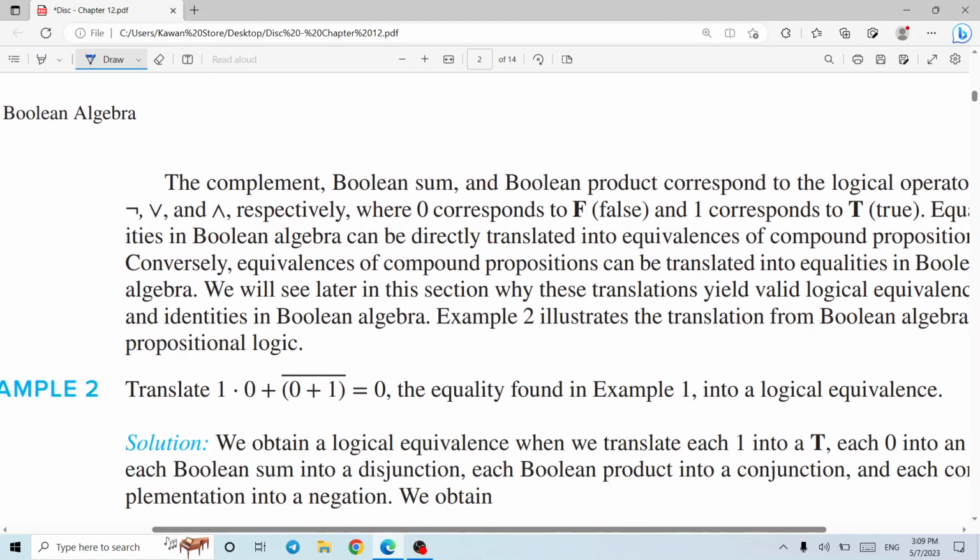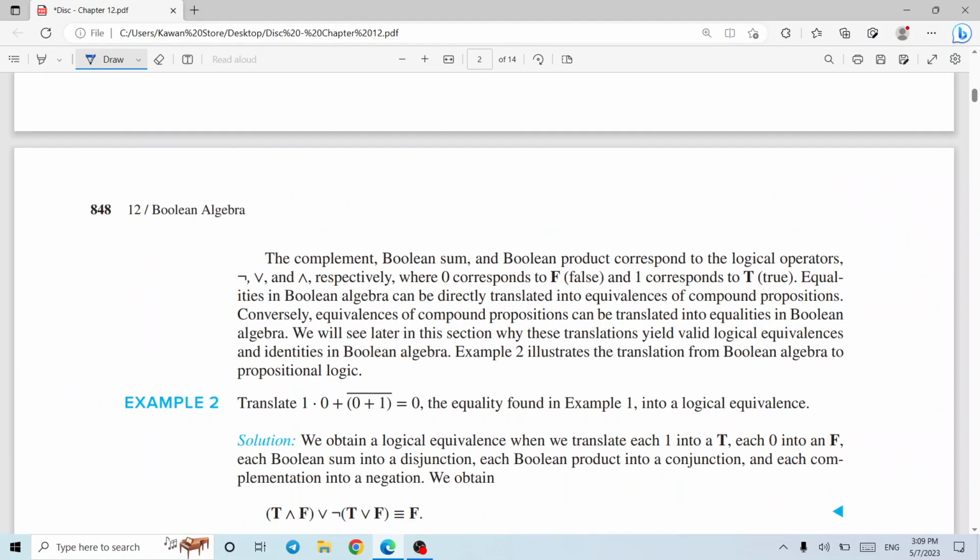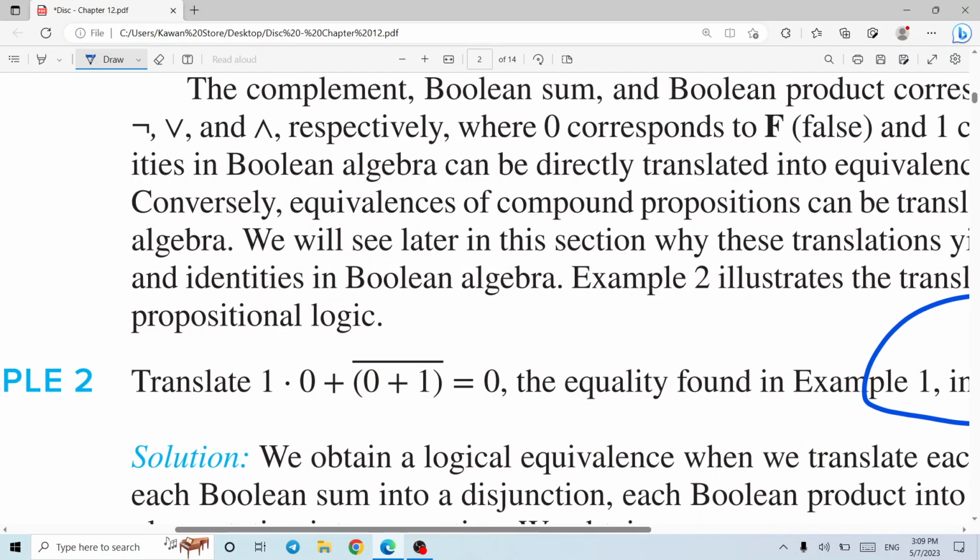And this is one type of the question. How about that one? Translate into logical equivalence. So there's a relation between Boolean and logical, or logical and Boolean, vice versa. So we have what? True and false, right? Or complement of, or De Morgan's of, false or true.